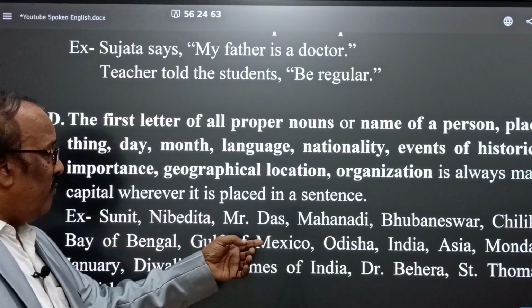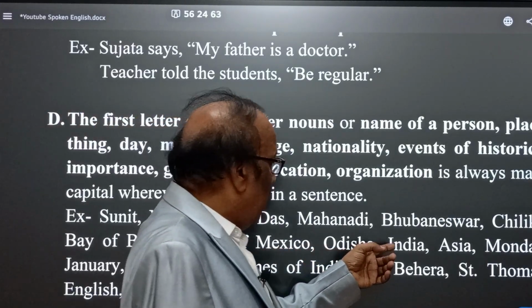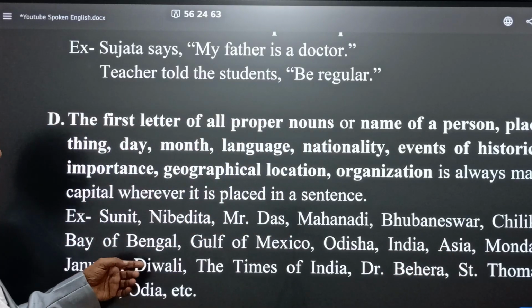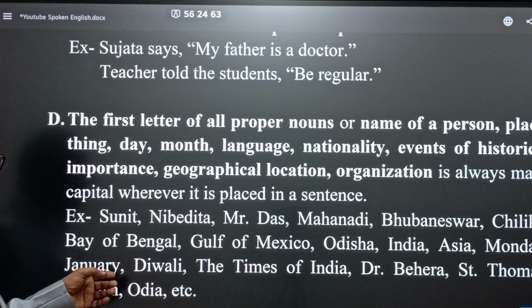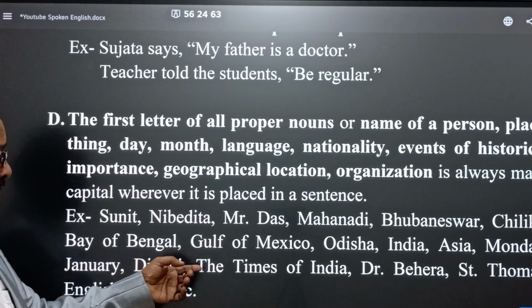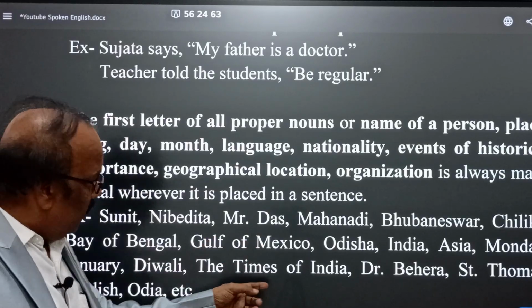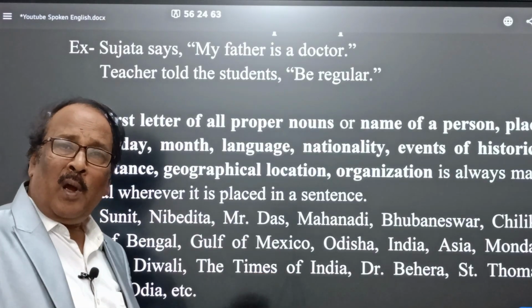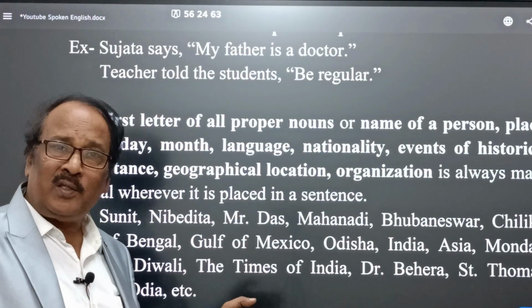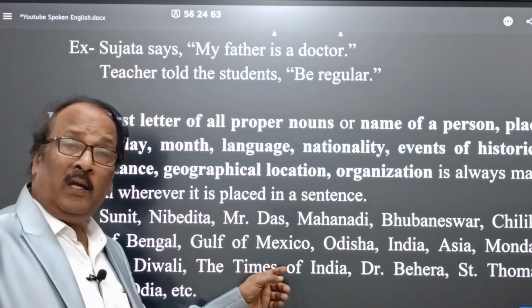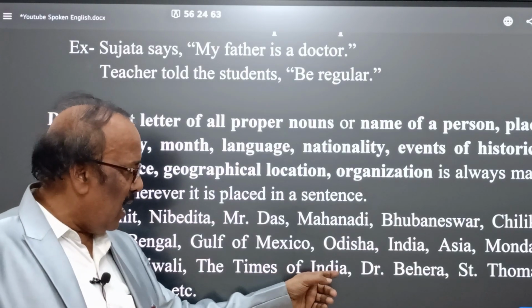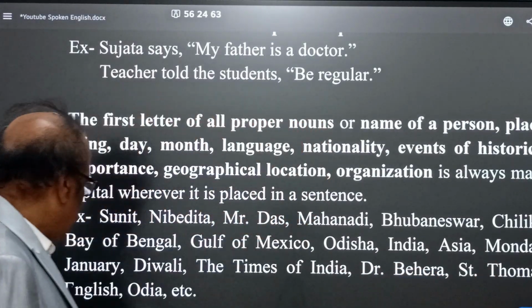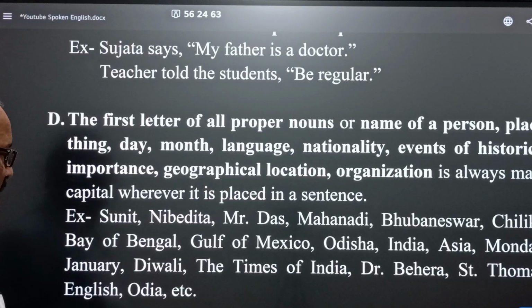Here, Gulf of Mexico, Odisha, India, Asia, Monday, January, and here Diwali, The Times of India. Here we find that whenever there is a preposition, and what we call conjunctions, it must not be capital. Here we find India, Dr. Behra, and here St. Thomas, English, Odia, etc.